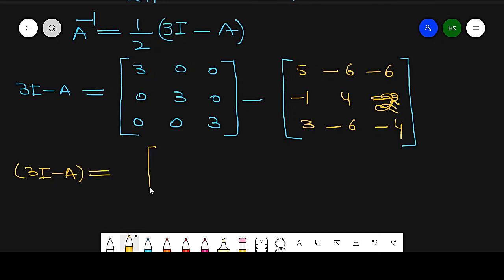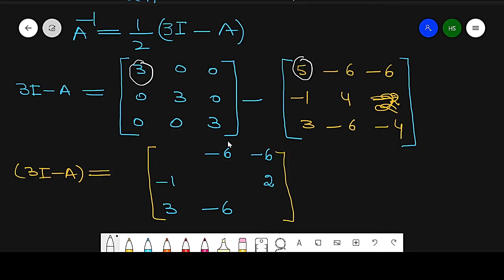Only the diagonal entries will change; the remaining will be the same, with signs flipped. So the off-diagonal terms are 6, 6, 1, 1, minus 2, minus 3, 6. For the diagonal, first is 3 minus 5, which is minus 2.